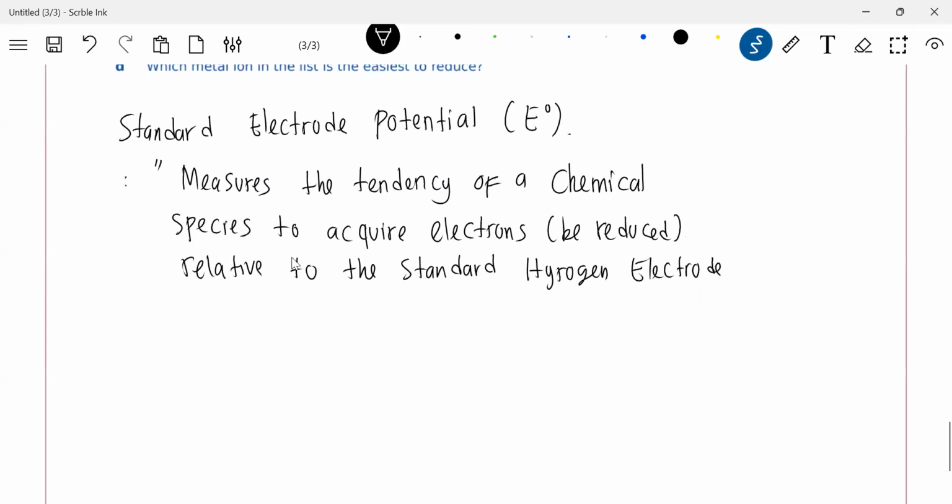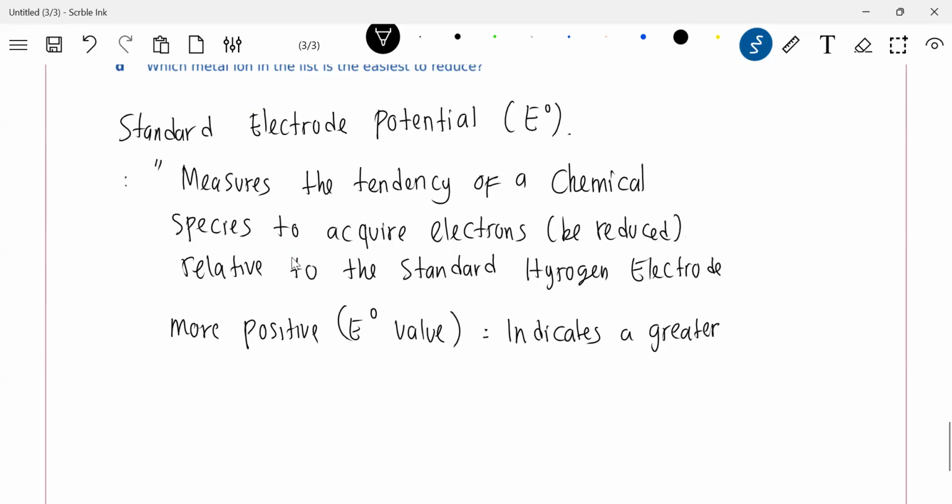If the E0 value is more positive, it indicates a greater tendency to undergo reduction.